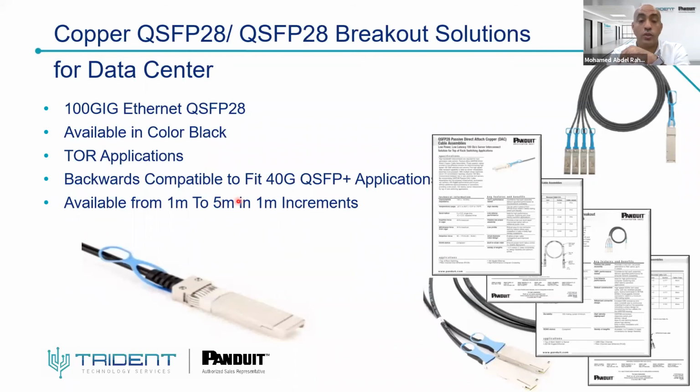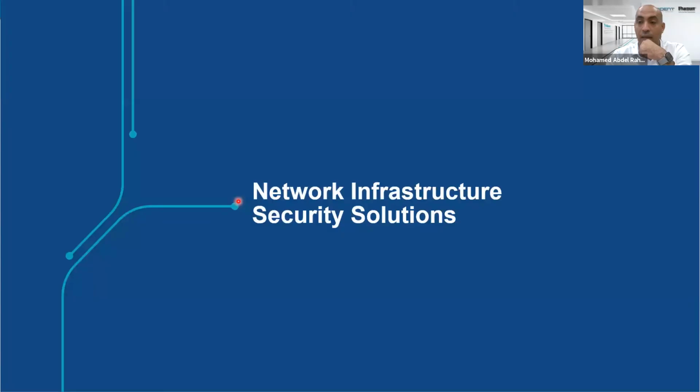You can also check the compatibility with most of the vendors. It's available in our white paper, which includes all the compatibility with the different vendors for the DAC cables.